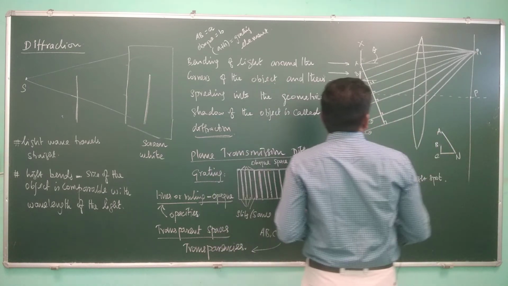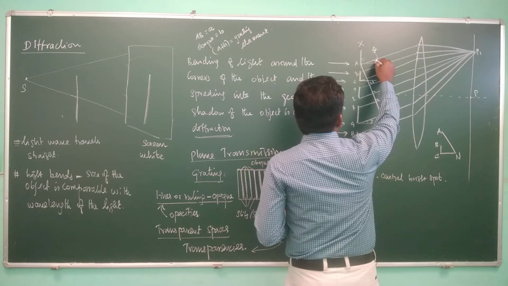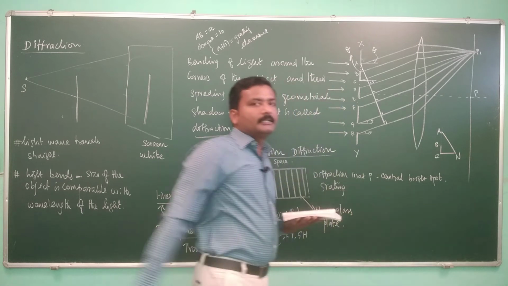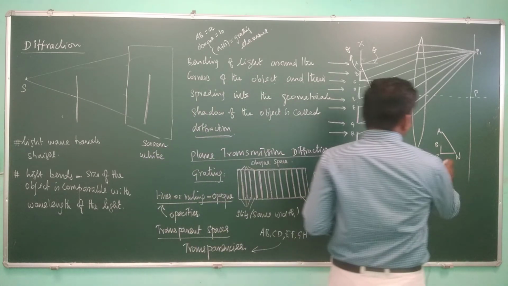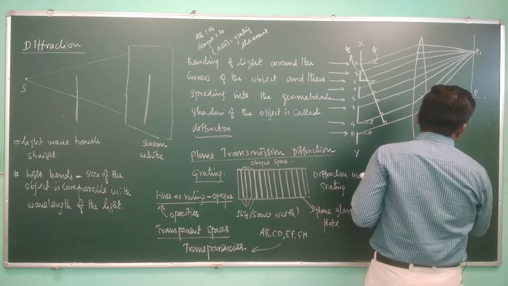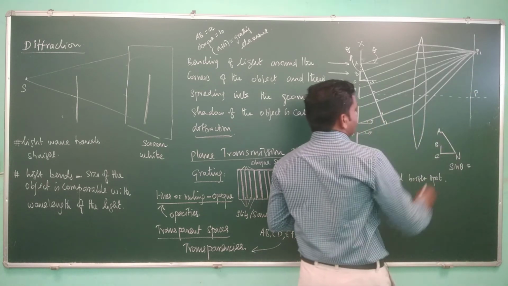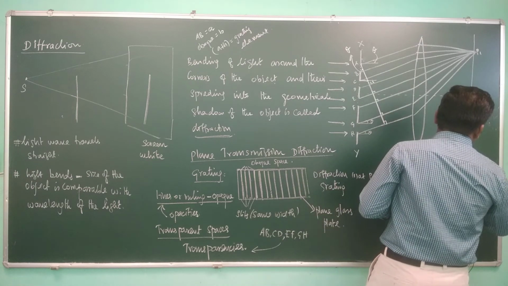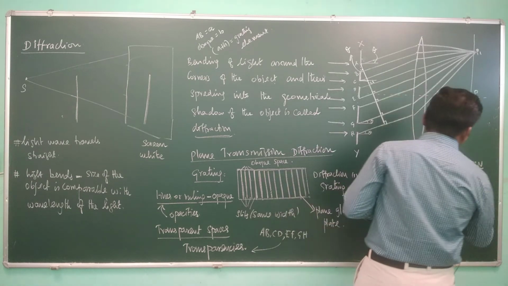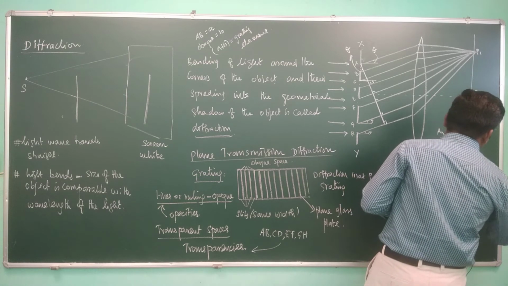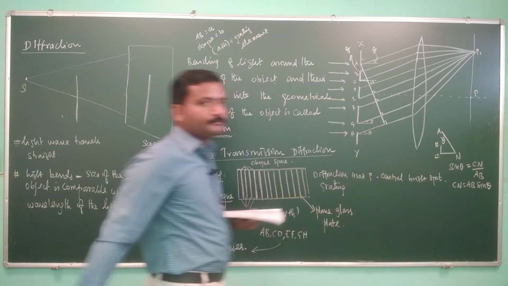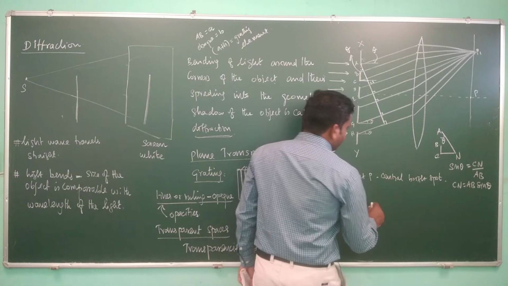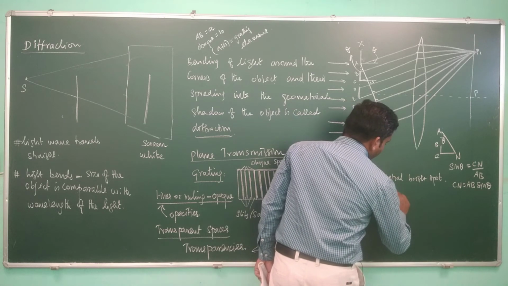Now here this angle is theta, similarly this angle is also theta. Using this diagram we can write sin theta equal to Cn by AB, so Cn equals AB sin theta.